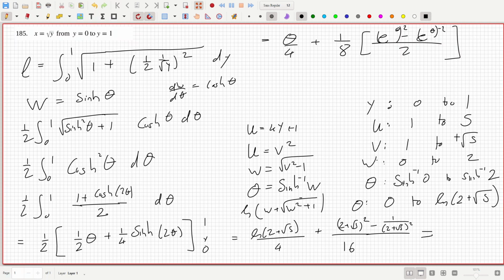Let's see, 2 plus root 5 squared minus 1 over 2 plus root 5 squared, and then, let's see, that is 1.48 roughly.